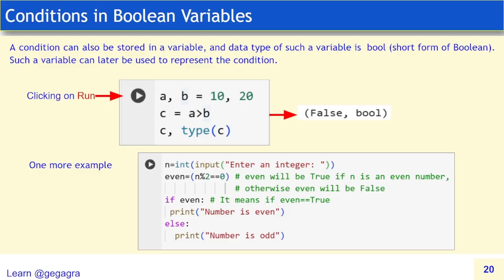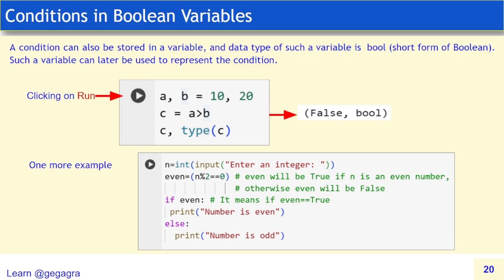So I am going to check whether the given number is even or odd. When you say even is equal to n modulo 2 equals 0, n will be divided by 2 and we check whether the remainder is 0. So even will be true if n is an even number, meaning it is divisible by 2. Otherwise even will be false.